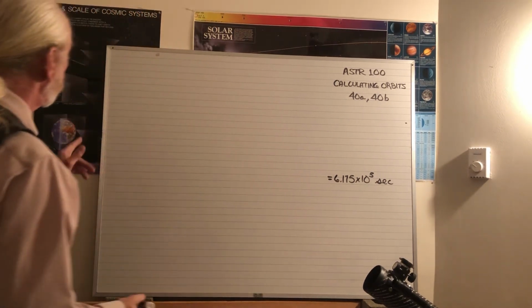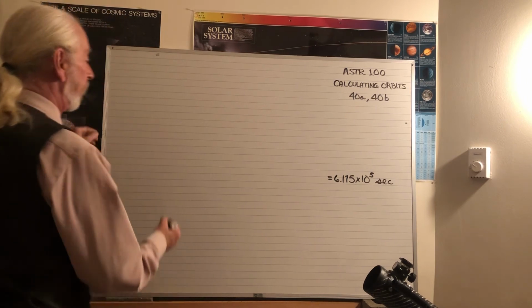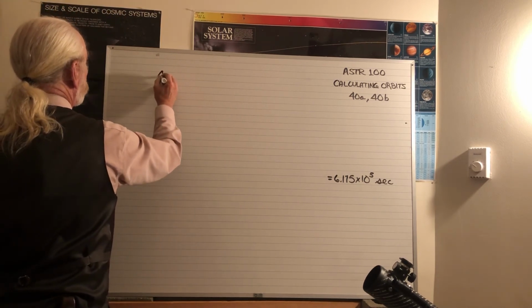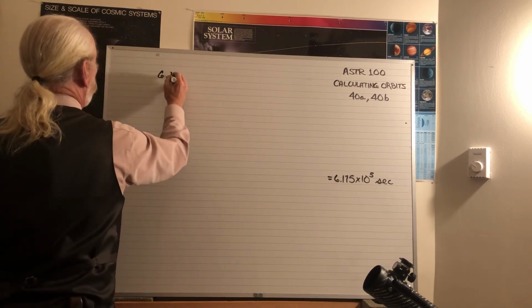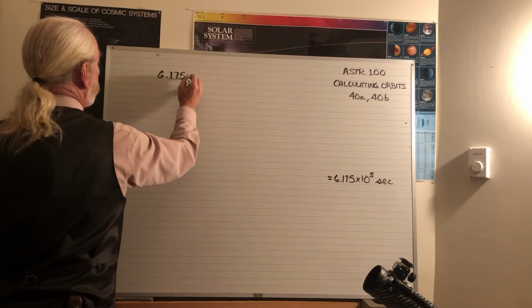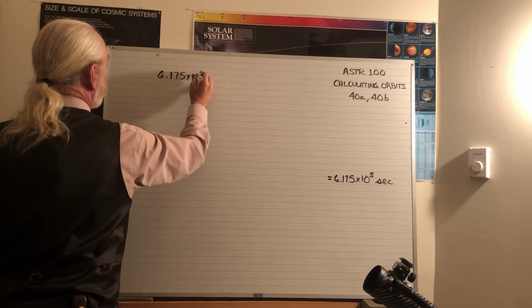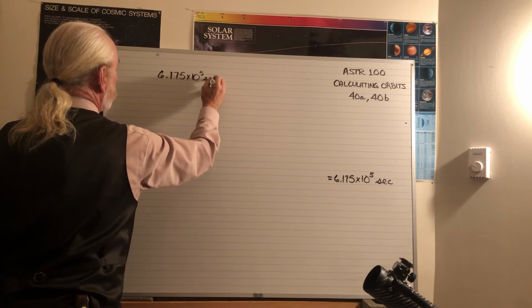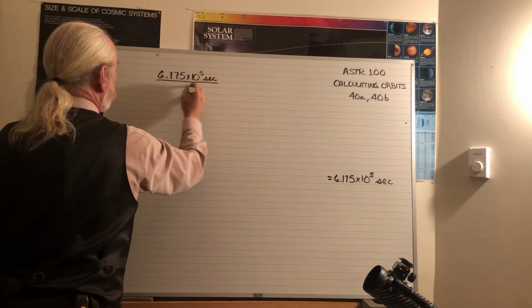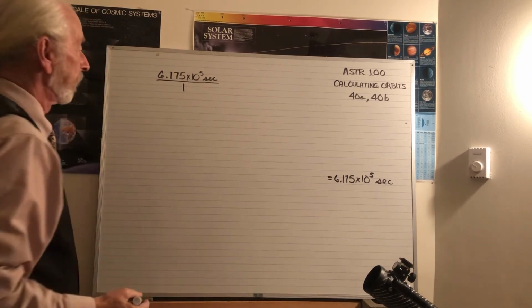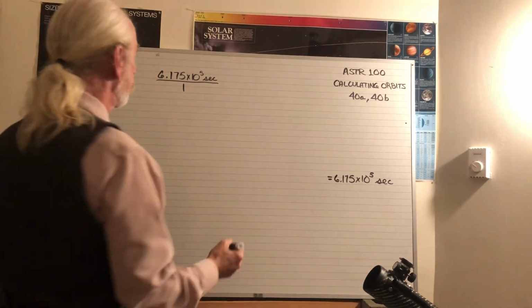All right, fairly simple proposition. So I've got 6.175 times 10 to the 5th seconds. I'll make it look like a fraction. And now I'll set it up so that I can cross cancel my terms.